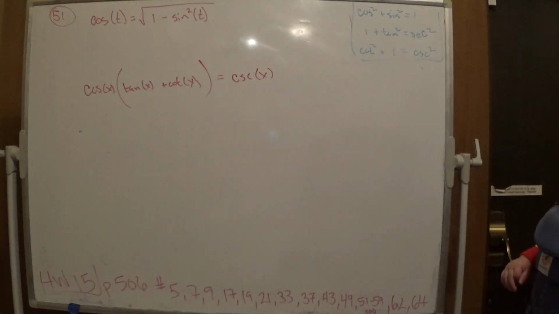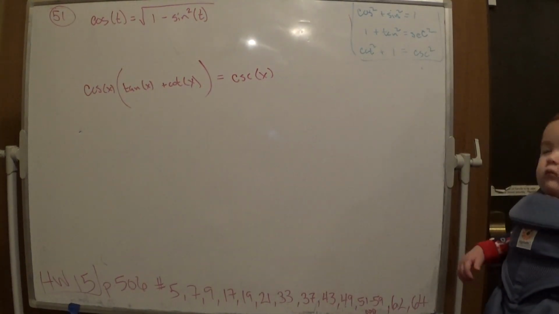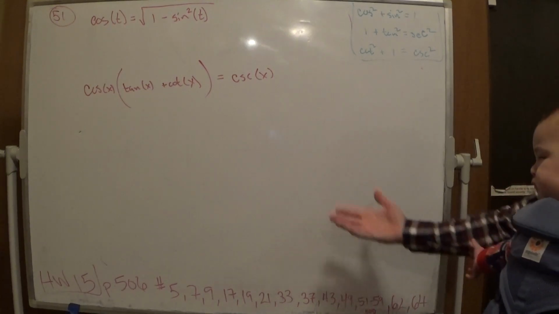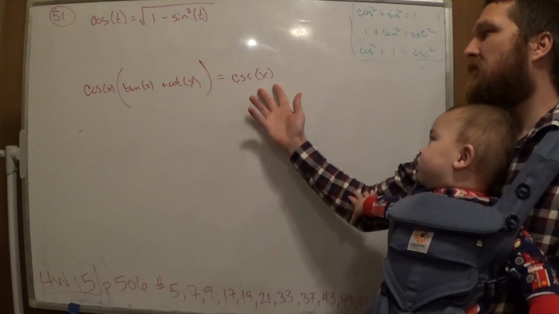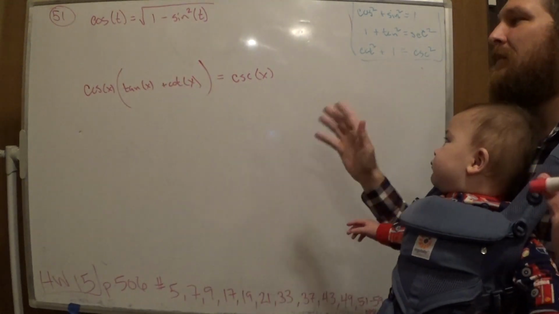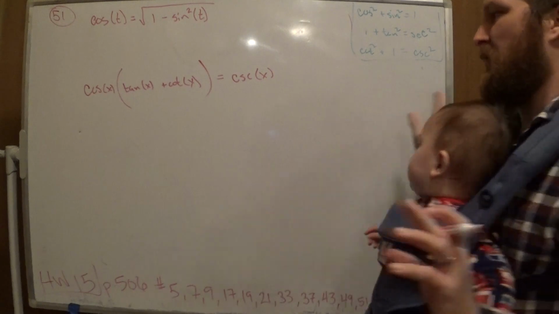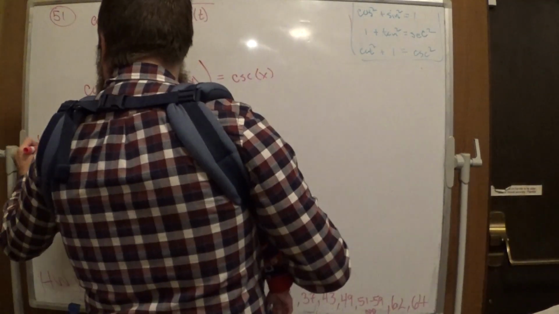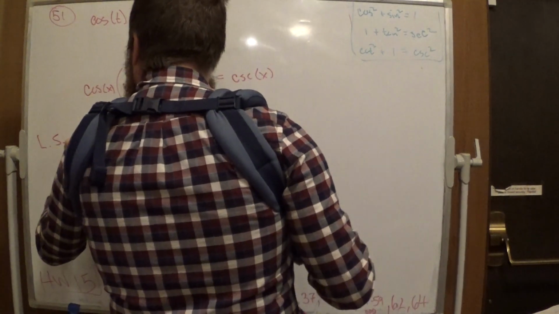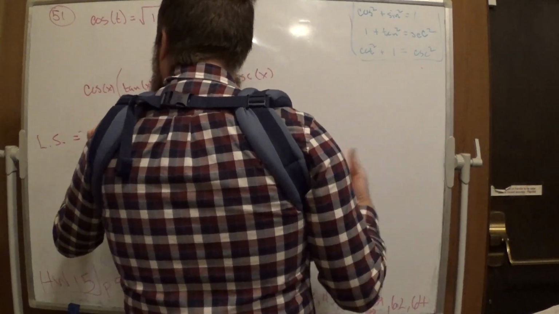So one of these sides is the one I want to start on. I want to start on the left-hand side. And one thing I notice is the right-hand side, I could rewrite that in terms of sines. But I'm thinking it's probably going to be easier if I initially start with the left-hand side and write everything in terms of sines and cosines.